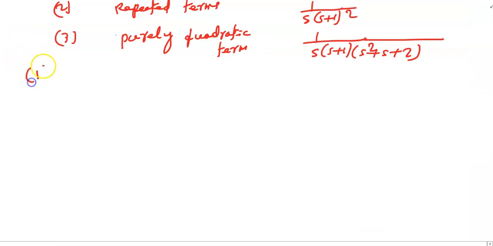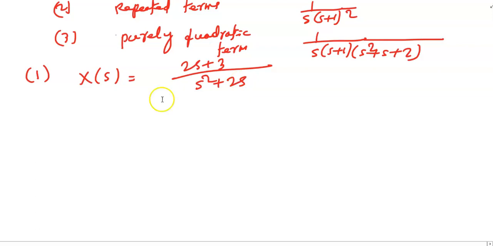So first case, let's say one expression is X of s we found with the help of Laplace transform, that is (2s plus 3) upon (s square plus 3s plus 2).